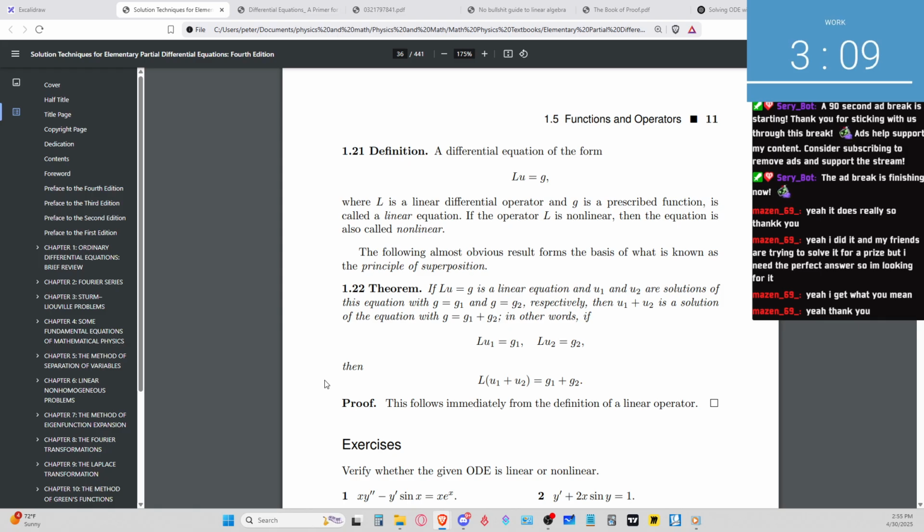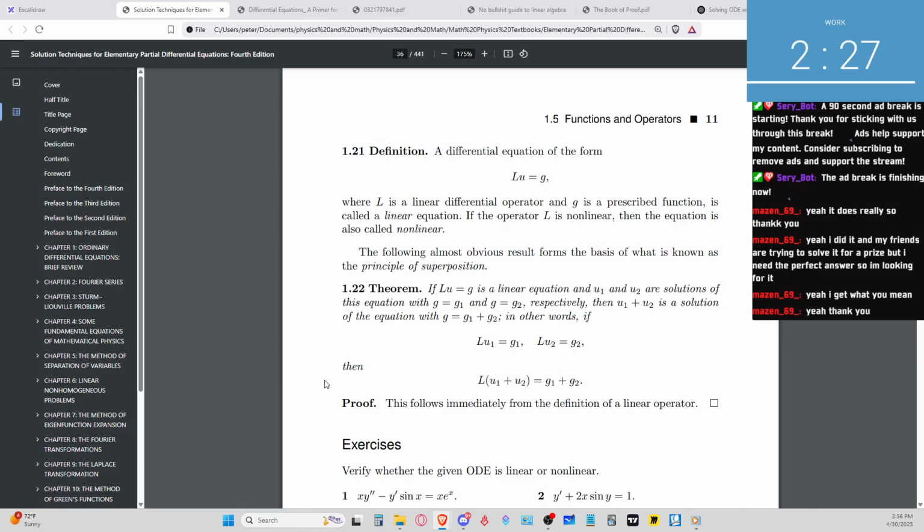Okay. The following almost obvious result forms the basis of what is known as the principle of superposition. If L U equals G is a linear equation, and U1 and U2 are solutions of this equation with G equaling G1 and G equaling G2 respectively, then U1 plus U2 is a solution of the equation with G equaling G1 plus G2.